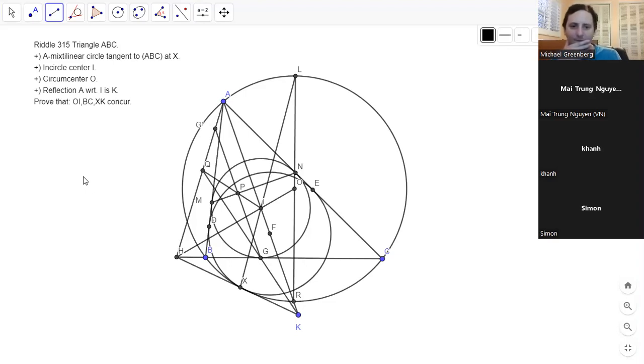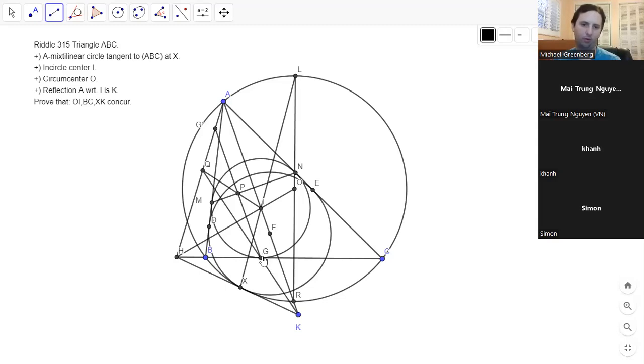Yeah. Okay, so we need to show that's harmonic.